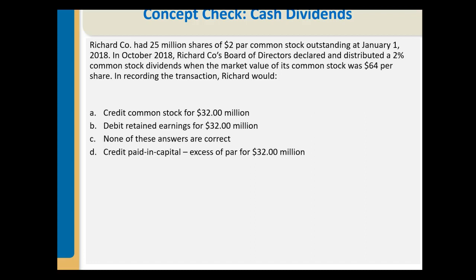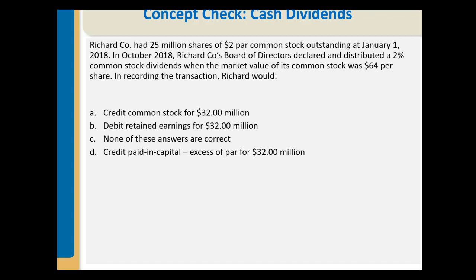Here's another one. Richard Company had 25 million shares of $2 par common stock outstanding at January 1st, 2018. In October of 2018, Richard Company's board of directors declared and distributed a 2% common stock dividend when the market value of its common stock was $64 per share.